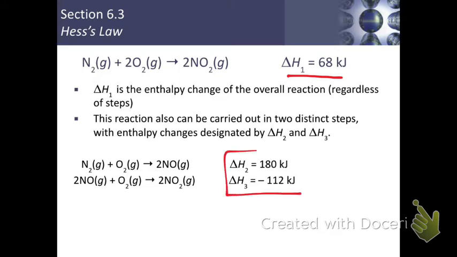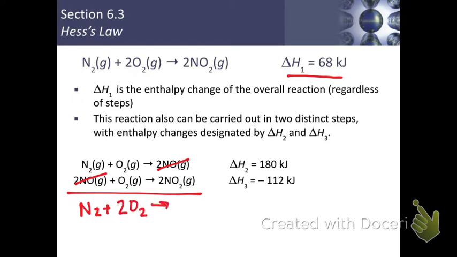Okay. We know that the change in enthalpy, or the delta H value for the total, has to be a sum of the mini reactions. In this case, when I add together these two mini reactions, I can cancel the NO because I've got one on the product side and one on the reactant side in my mini reactions. And then I can add up what's left over. N2 plus 2O2 yields 2NO2.